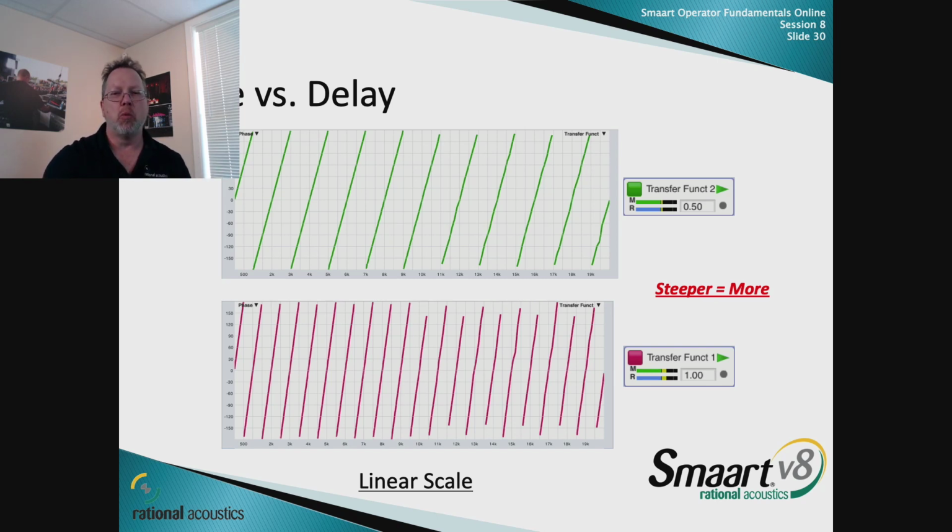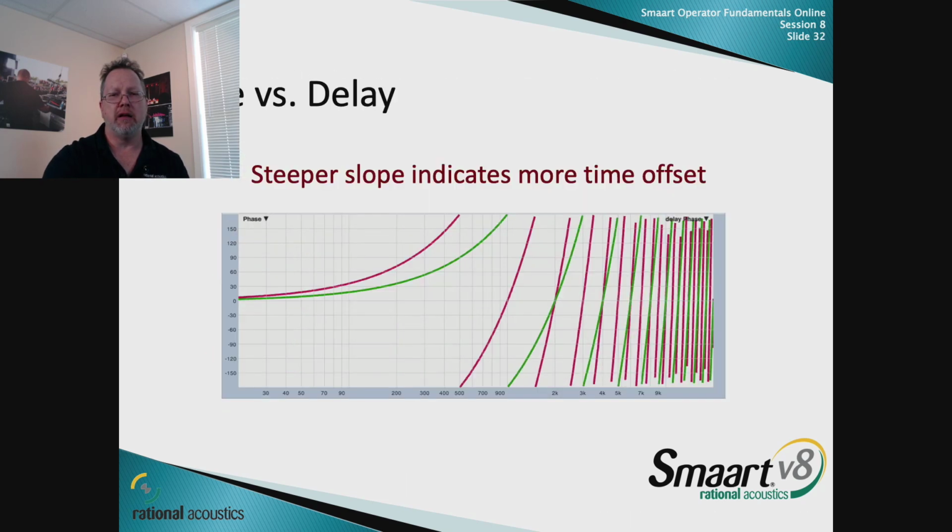So the way you're going to use this is, say you're going to take the measurement, you're going to have two systems and you want to combine their energy. One of the first things we're going to want to do is time our systems, right? We want them both arriving at the same time. So I'm looking at this with green system and red system. I take these two measurements and I should take them with the same time reference. That's kind of important.